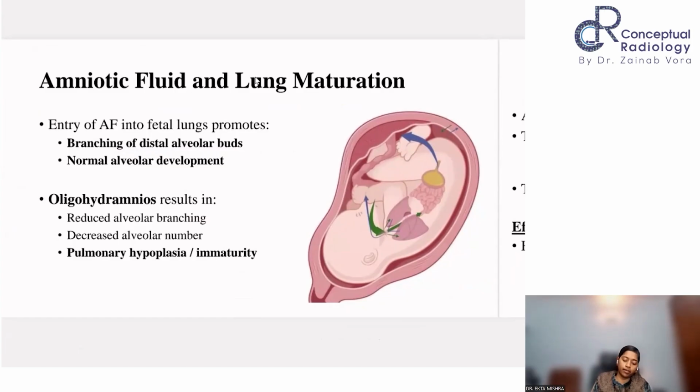If there is oligohydramnios, there is reduced alveolar branching and a decreased number of alveoli, and these both will contribute to pulmonary hypoplasia or immaturity. That is why babies with less liquor at an earlier gestation tend to have more mortality because of pulmonary hypoplasia. And that is how this physiology is related.